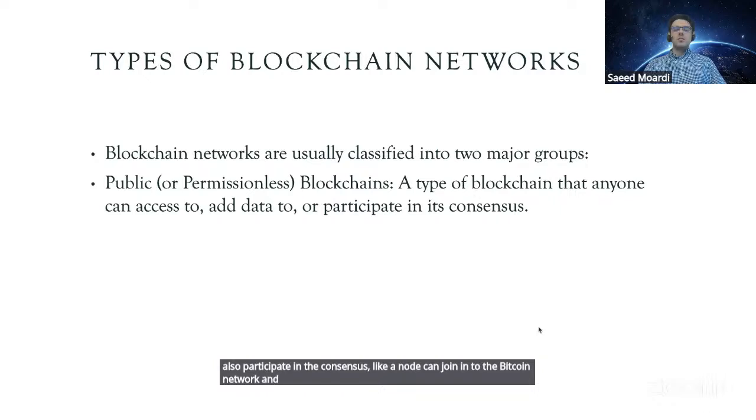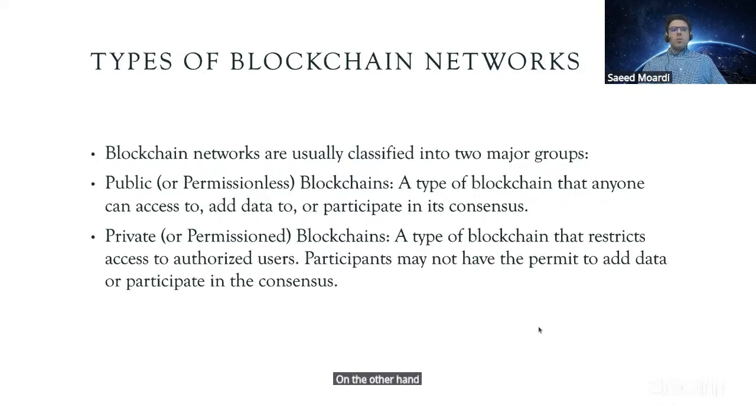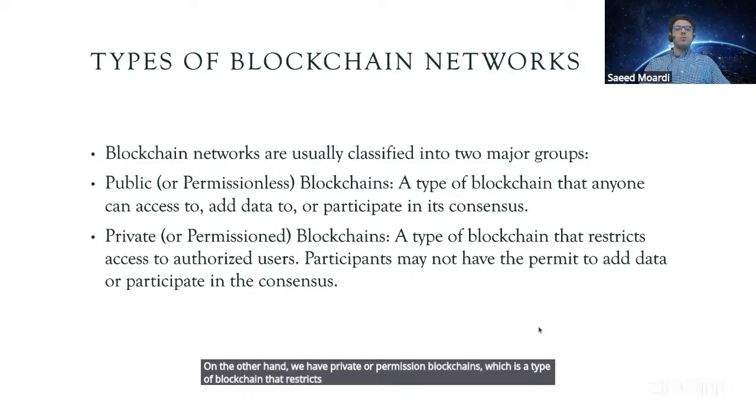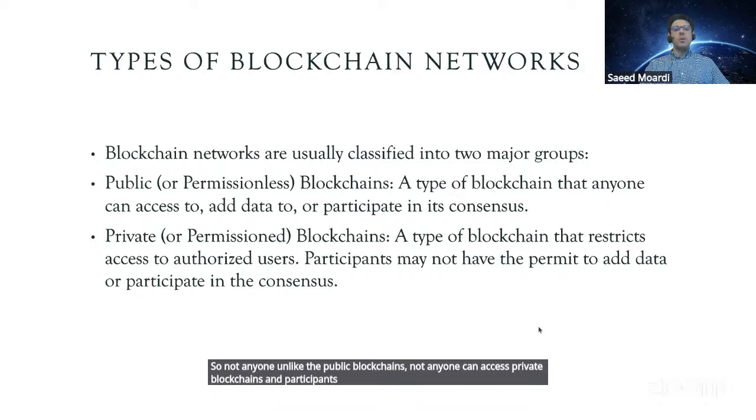On the other hand, we have private or permissioned blockchains, which is a type of blockchain that restricts access to authorized users. So unlike the public blockchains, not anyone can access private blockchains, and participants may not have the permit to add data or participate in the consensus.